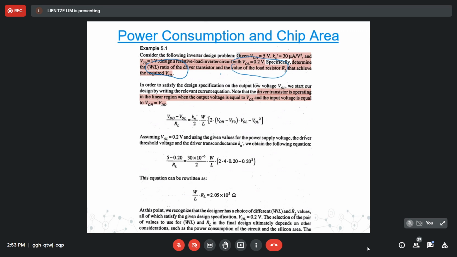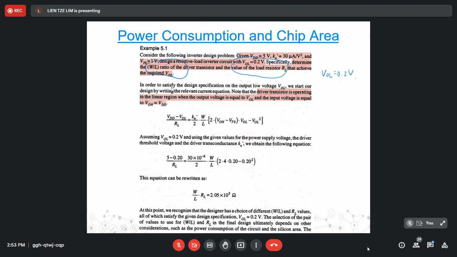In this question, VOL is given, VOL is 0.2 volt, so we have to use that formula. The formula is given here.